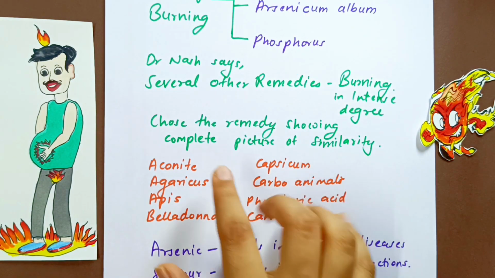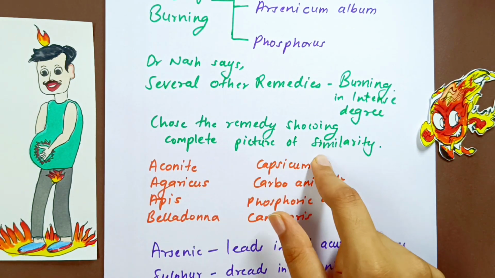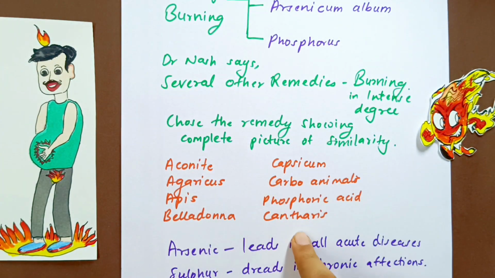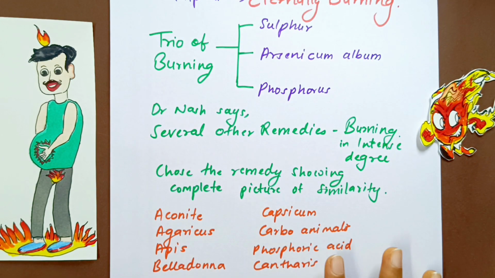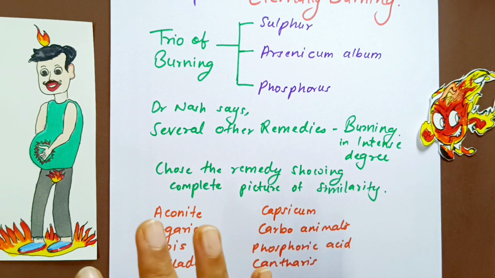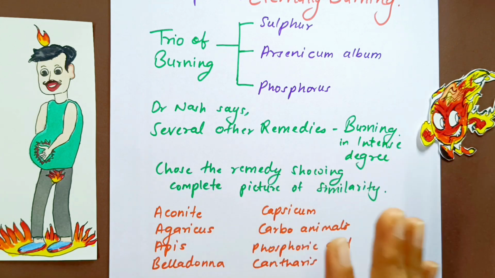So all these remedies. Now choose the remedy showing the complete picture of similarity. Although so many remedies have this symptom of burning, the final prescription is always based on the complete picture of similarity. So you cannot ever prescribe only because there is burning. A patient comes to you and tells you that there is burning here, there, somewhere. You cannot give him sulfur just because you know that sulfur has this eternal burning.